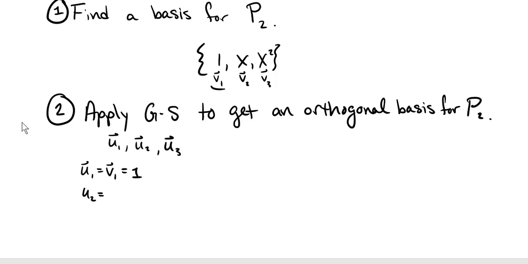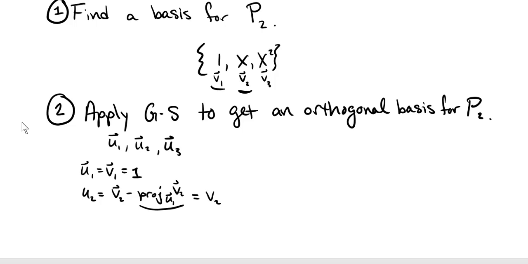U2 says take your second vector, x, and subtract off the projection of that onto the previous directions you covered, so U1 in this case. Here, since these are functions and not vectors in Rn, we're going to need to use what we know about inner products replacing dot products for these projections.